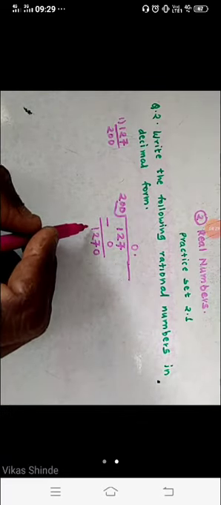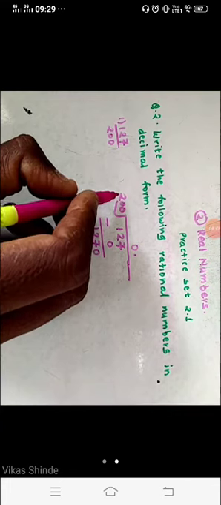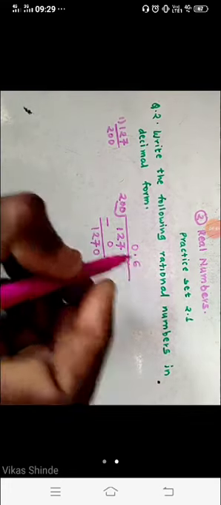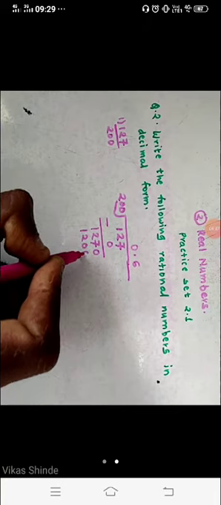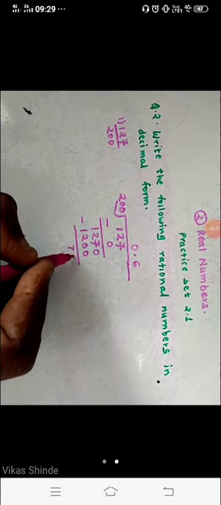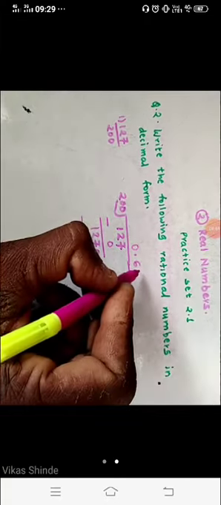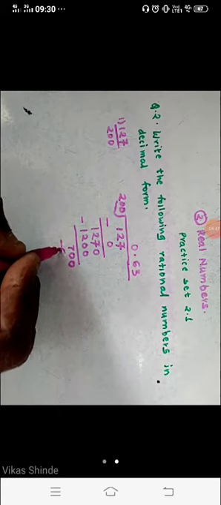Here is now 1270. 200 sixes are 1200. Subtract this. Now only 70 is left. Take another 0. Here is 700 now. 200 threes are 600.